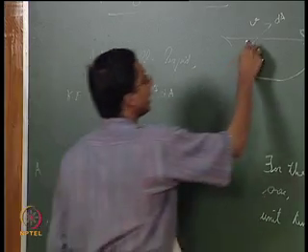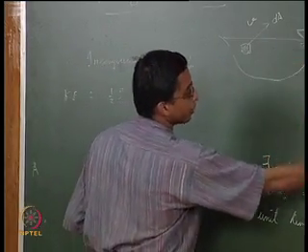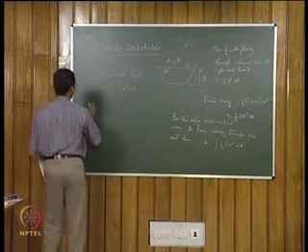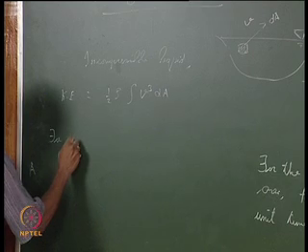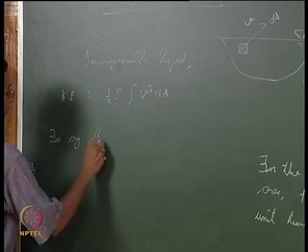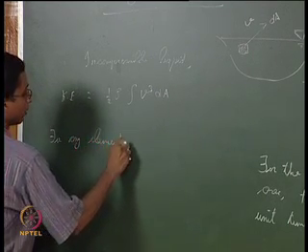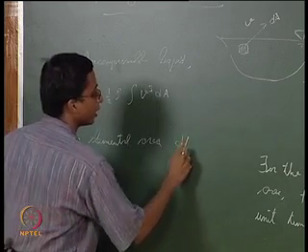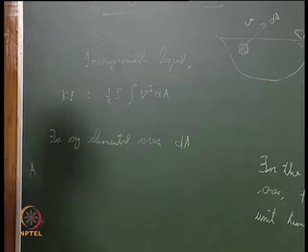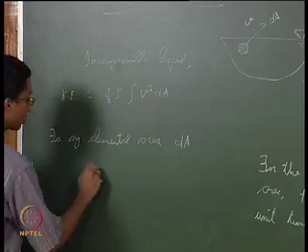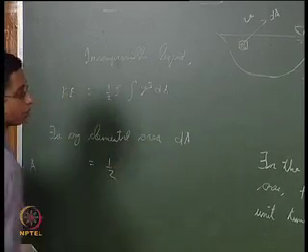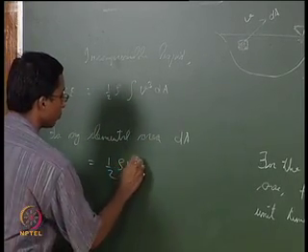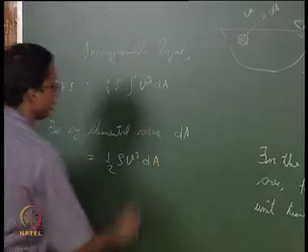So, for any elemental area dA, the rate of kinetic energy transfer, as just mentioned previously, is half rho v cube dA.